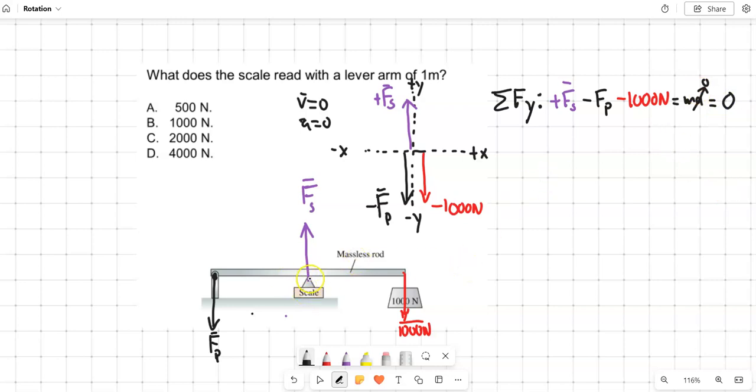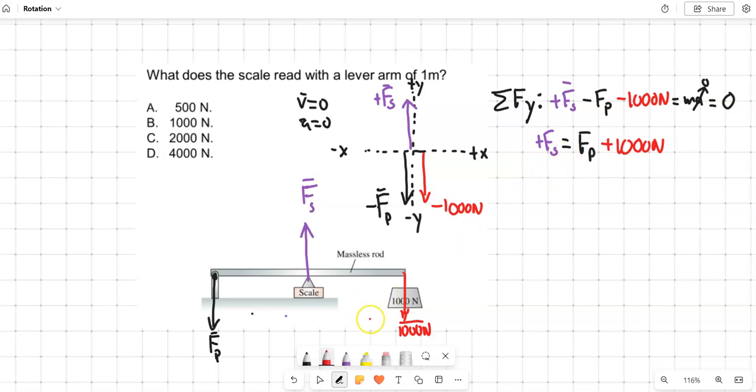My guess is if this is a pivot point right here, that this is kind of like a teeter-totter, that this force down is balancing out with this other force pulling down over here. And this is holding the entire system up. So I'm going to make some probability guesses here, that if I bring these two forces onto the other side of the equal sign, I'm going to get the force of the pivot point plus the force of the 1,000 Newton weight.